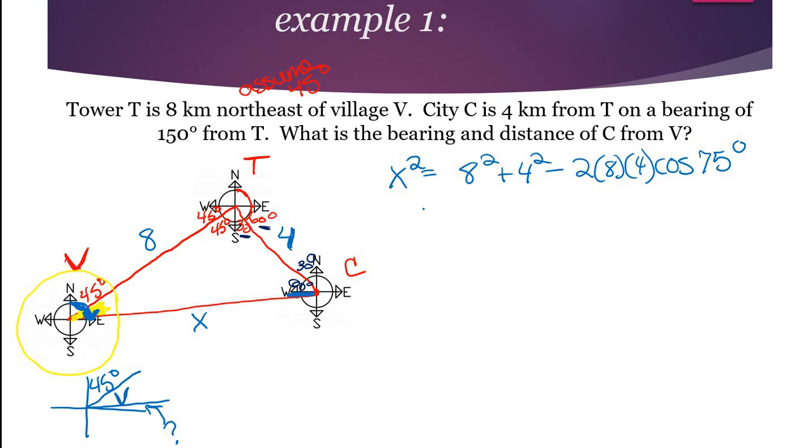All right, and then I just do the calculation in my calculator, and you should get 63.44, and then square root, and we get 7.96 kilometers. All right, so now we know this.